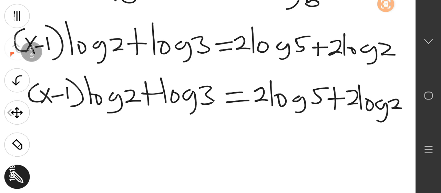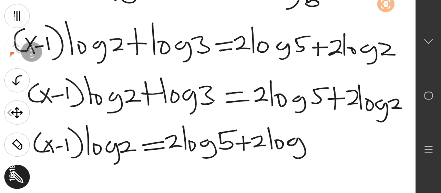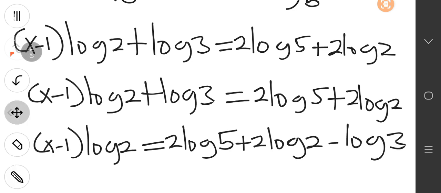So our equation becomes x minus 1 log 2 equals 2 log 5 plus 2 log 2, and log 3 comes here, so it becomes minus log 3.